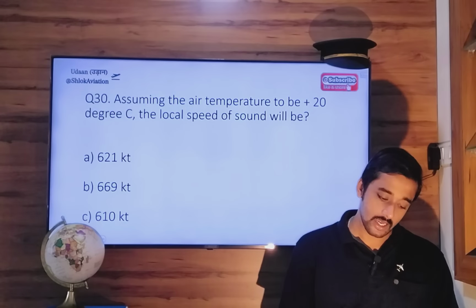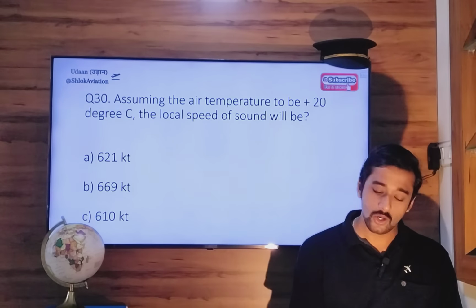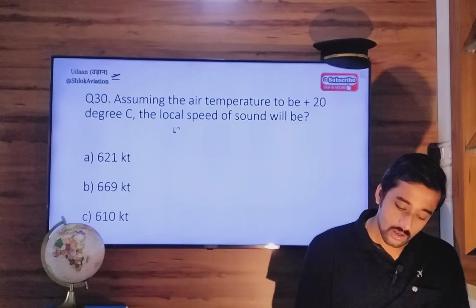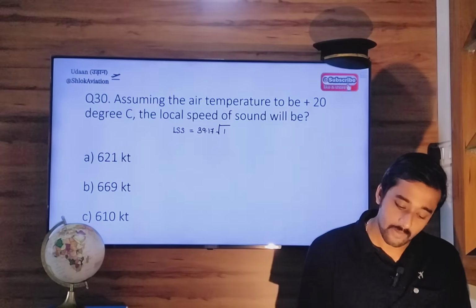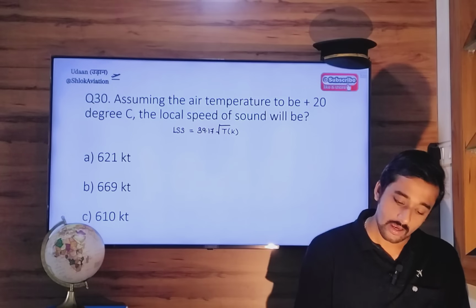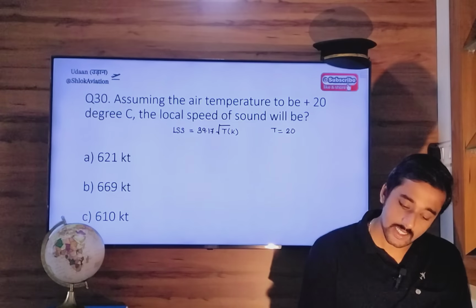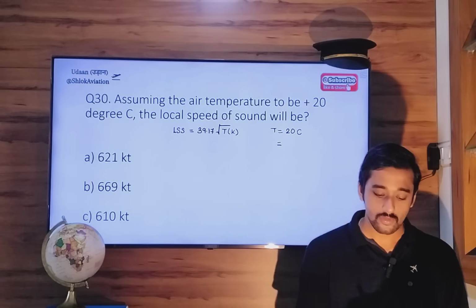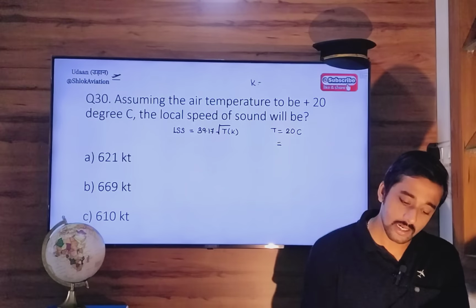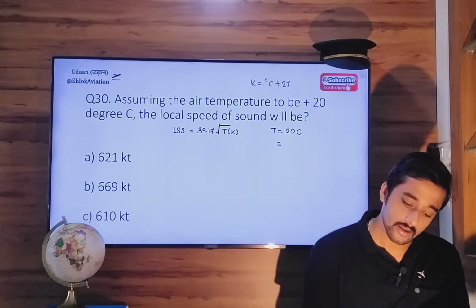Last question, number 30. Air temperature is given to you. What is local speed of sound? Local speed of sound is 39.17 square root of temperature in terms of Kelvin. Kelvin is nothing but Celsius plus 273.